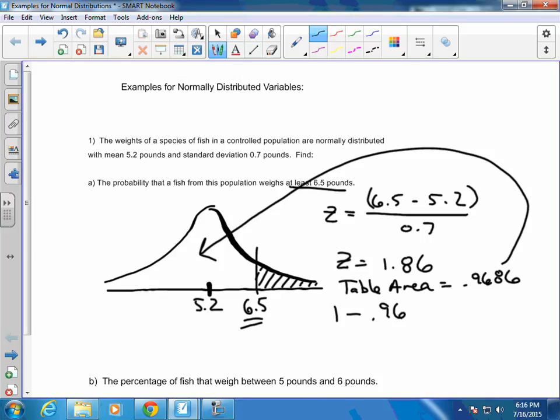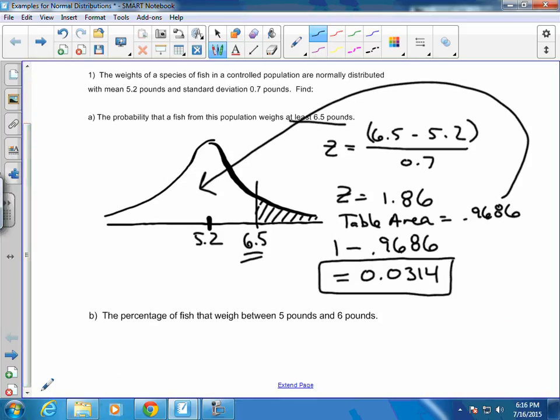So to find an area to the right of a z-score that you look up, simply subtract the table area from 1. So we're going to get 0.0314. So pretty small probability, only about a 3% chance that one of these fish weighs at least 6.5 pounds.